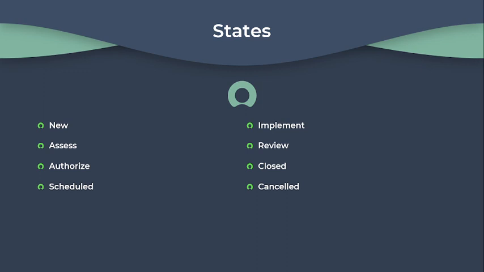Then assess. The created change is then extensively assessed by a person of authority who governs the change process, and a decision is taken whether to accept or reject the requested change. Then authorize. Once the change is deemed as necessary, its impact, benefits, and risks are reviewed to avoid any unnecessary disruption of IT setup.